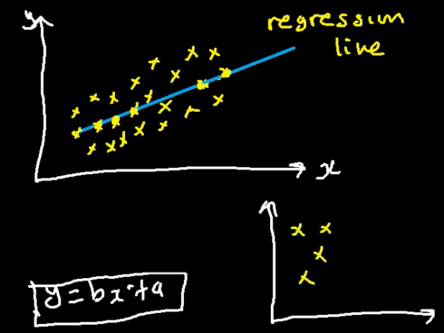Let's say this is a negative relationship. We can think of connecting some points that seem to be in line.